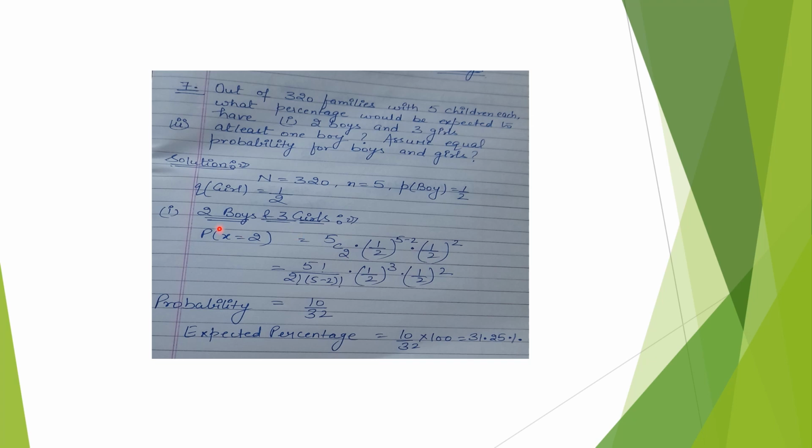So you can write it simply as 2 boys, that will also be fine. If you are writing it as 2 boys and 3 girls, that is also fine. But here we are calculating the probability according to boys, because we have assumed the probability of birth of a boy child is equal to half. So here our success count will become 2, so x is equal to 2, because we have to find the probability of exactly 2 boys out of 5 children.